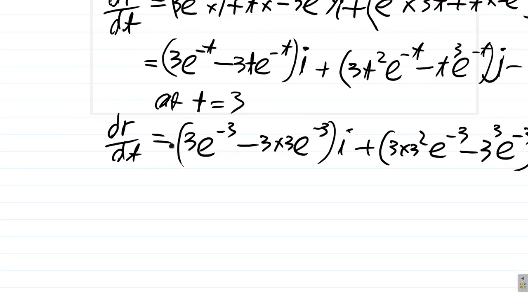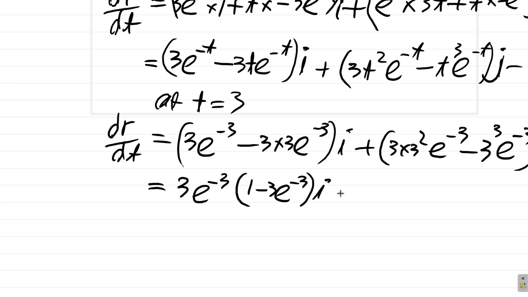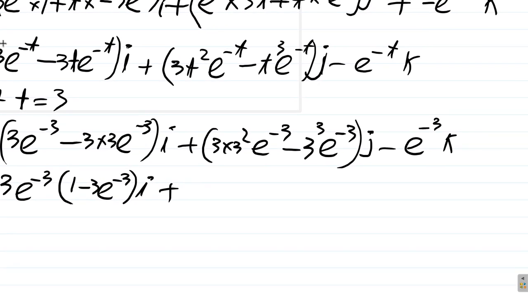Alright. This is equal to, let me see now. What you can do here is factor out the 3 and the e to the negative 3. So what you get is 1 minus 3, e to the negative 3, i, plus, what can you factor out? 3 times 3 is 9, 9 times 3 is 27.